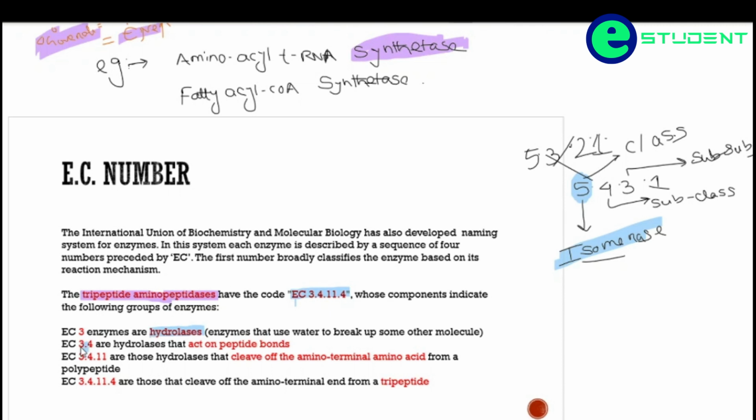So 3.4 means this enzyme acts on peptide bonds, which means it hydrolyzes the peptide bonds.